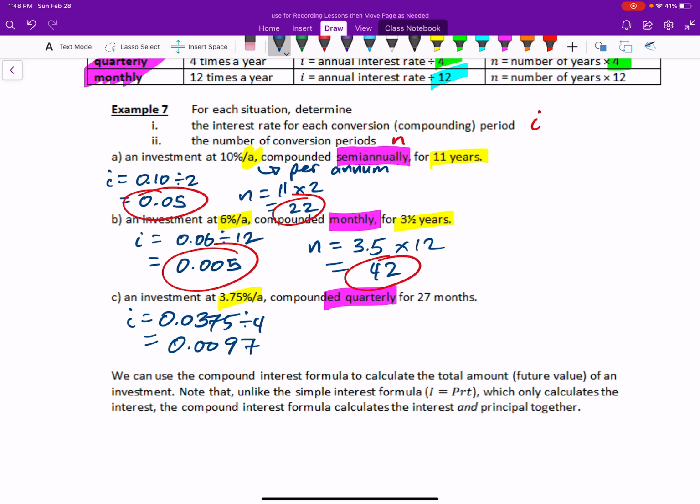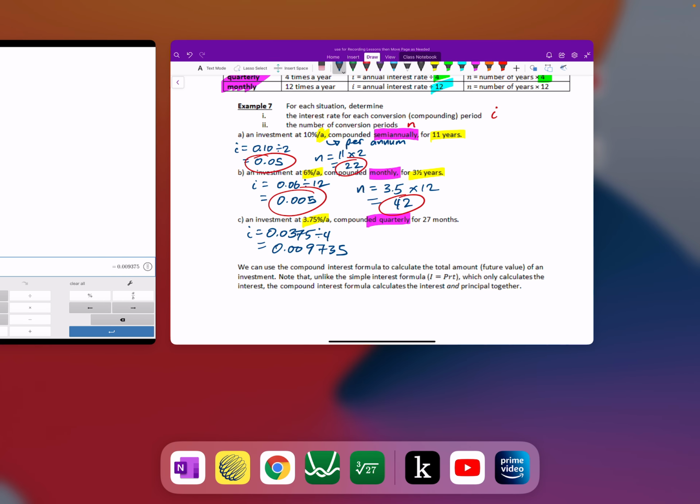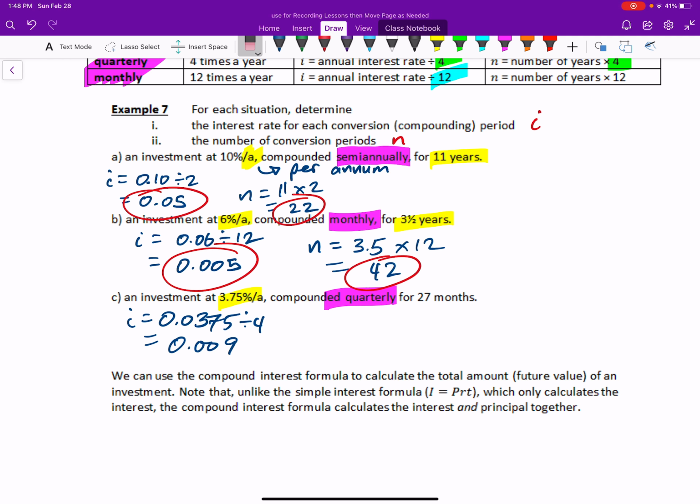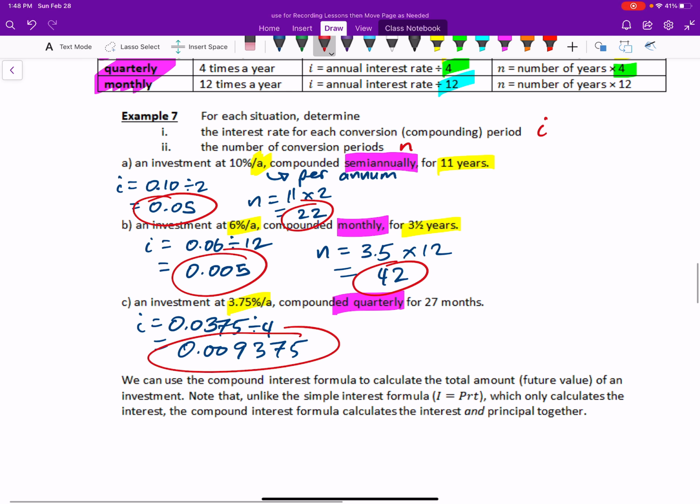0.009, I think it was 735, but I could have been wrong on there. Let me double check. 375, got them reversed. Okay, so there's my I for this one. I would keep all these decimal places. And N, 27 months. Again, I have to think about that as years, first of all.